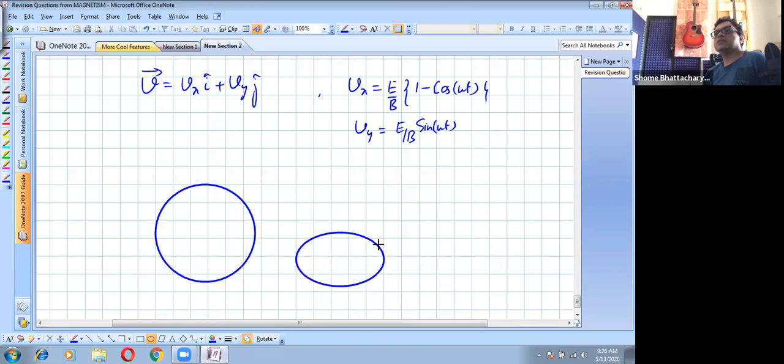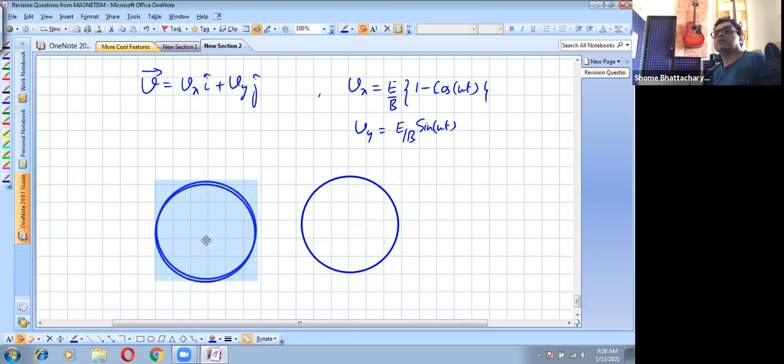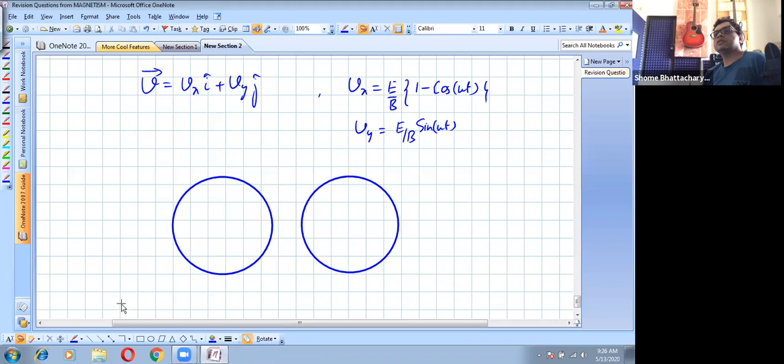Okay. So this thing actually will show you that the motion is cycloidal. Just analyze this. So consider an object which is rolling with a uniform velocity along a horizontal surface.